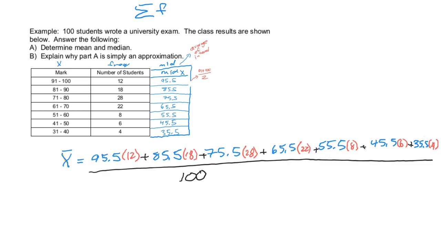So we take 95.5 times 12, 85.5 times 18. It's frequencies all the way down, and then we divide by the total frequency.